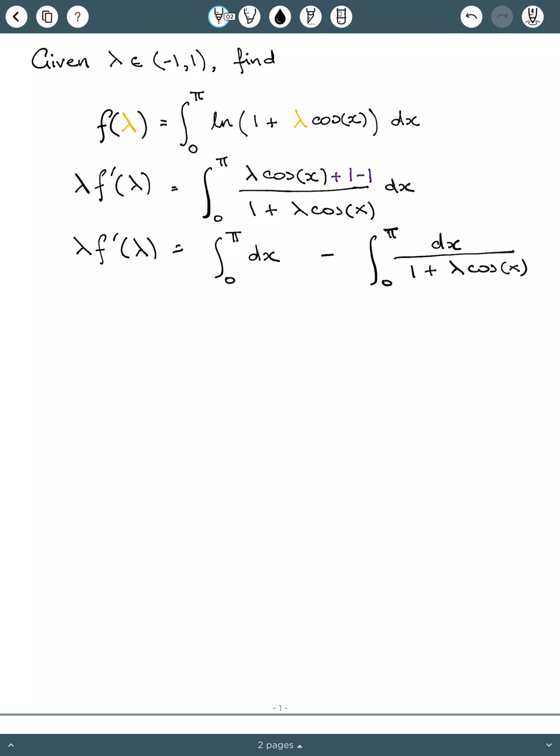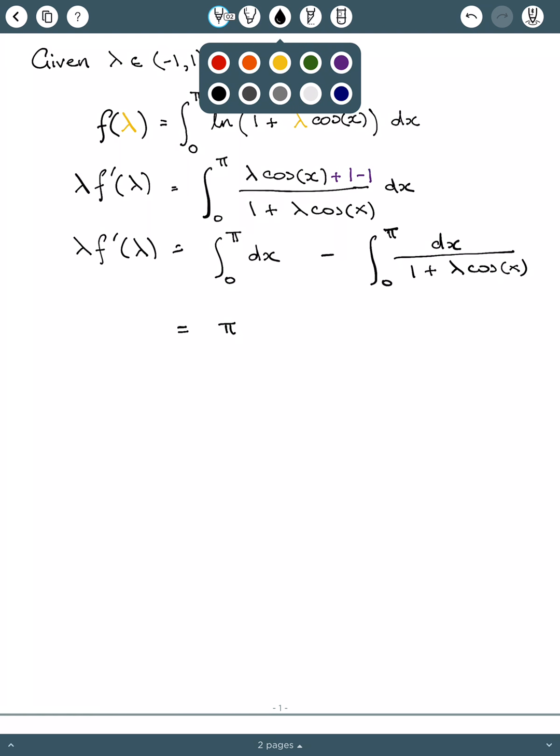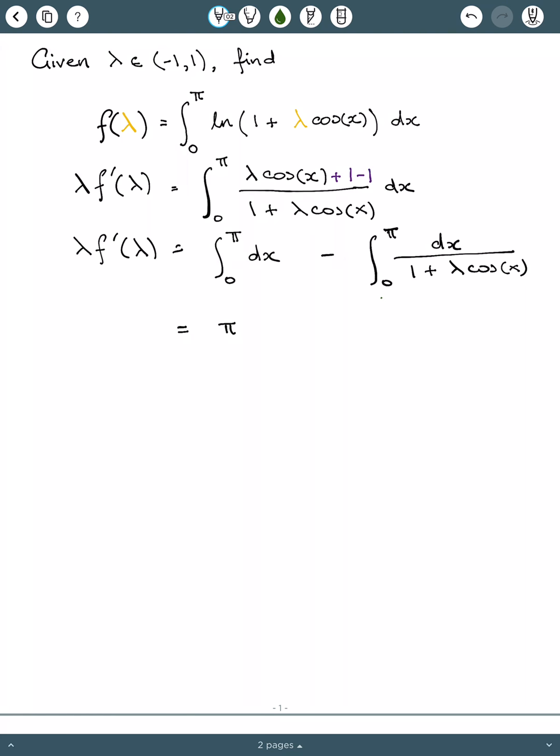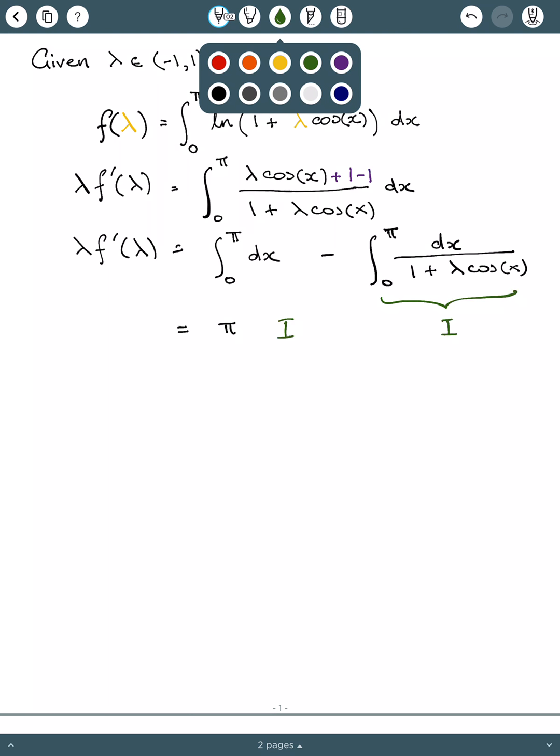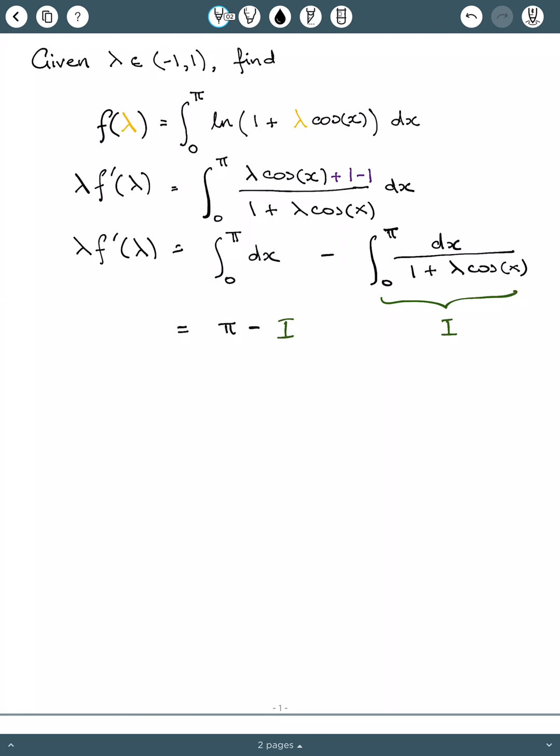Okay, this integral here is obviously pi, and this integral here we're going to call I. Okay, so as a little aside, let's look at I. We're going to perform what's called the Weierstrass substitution.